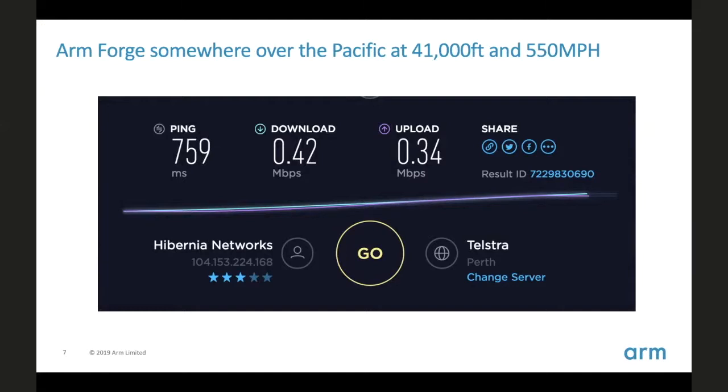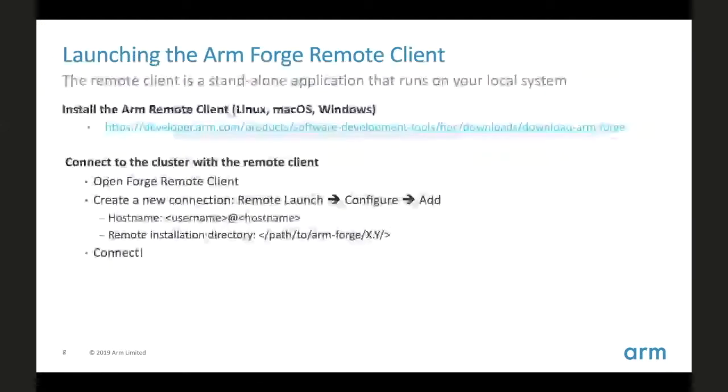Ping was huge. Download speeds and upload speeds were really bad. But even with this level of network connection, I was able to use the GUI and run jobs in a fairly comfortable way. So you really don't need much to get off the ground with this GUI. It actually works pretty well, even under bad network connections.